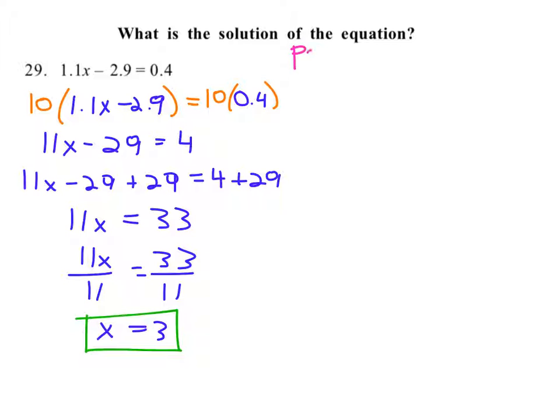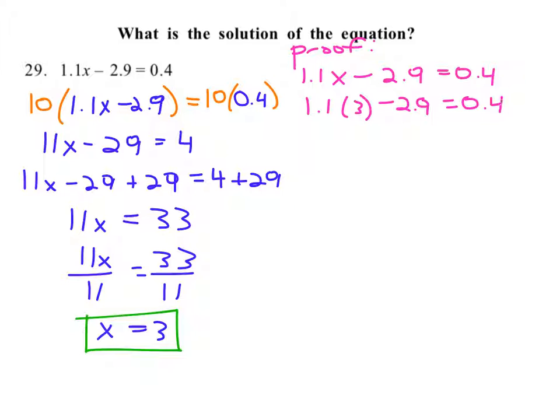Okay, so let's write proof. 1.1x minus 2.9 equals 0.4. And then we have 1.1 times 3, because that's the value that we found for x, minus 2.9 equals 0.4.